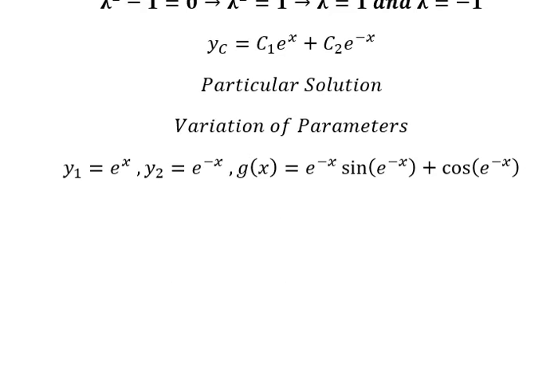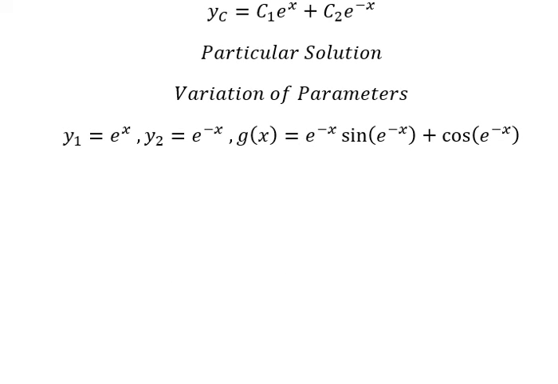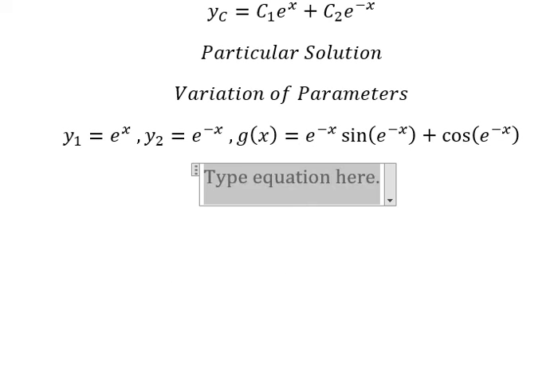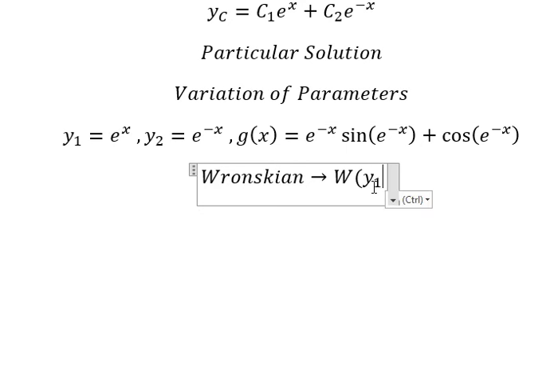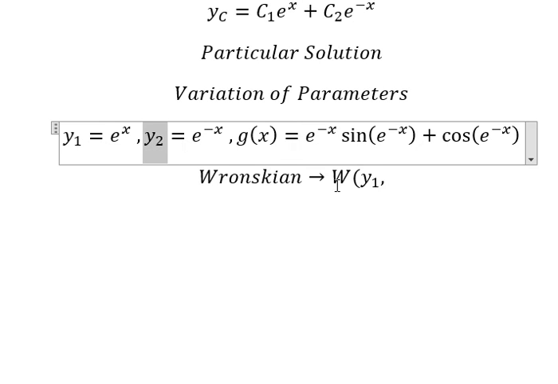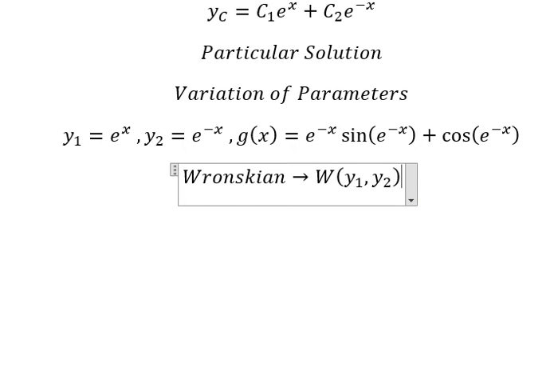Now the first thing we need to do is find the Wronskian. That is W of y1 and y2, and we have the formula here.